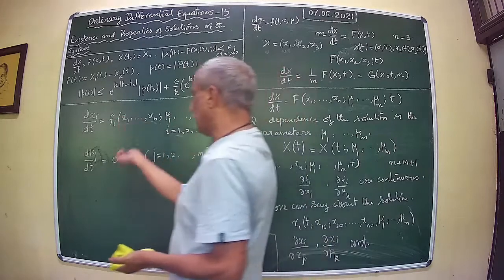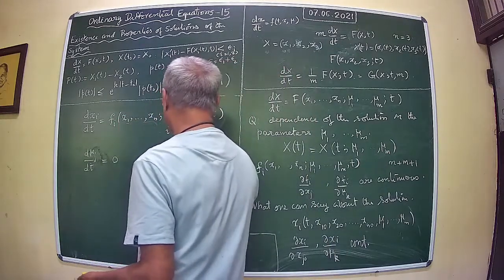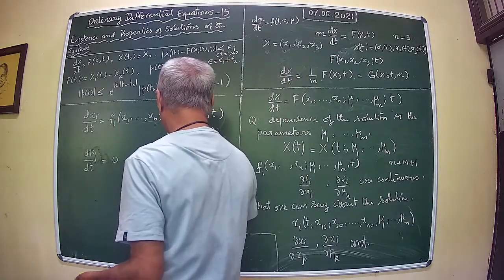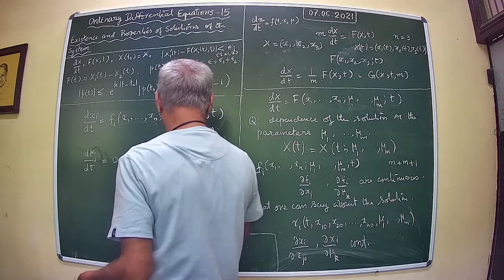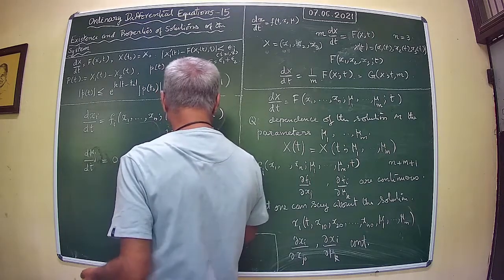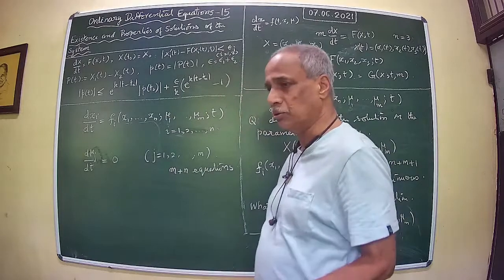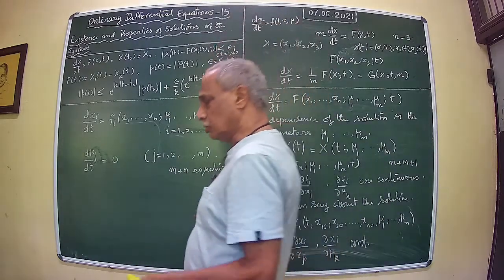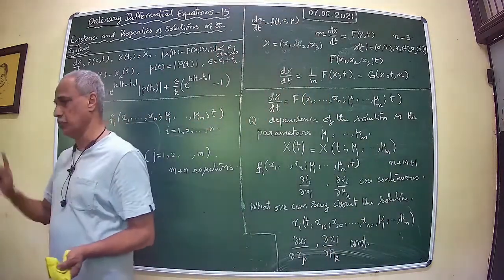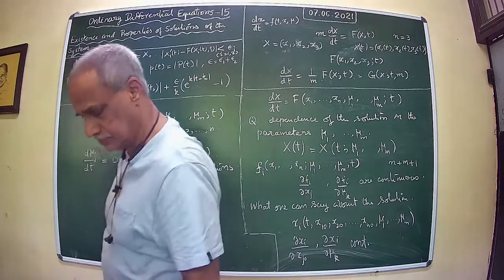So you have now altogether n plus m equations in n plus m unknowns, x1, x2, etc., xn and mu1, mu2, etc., mu_m.